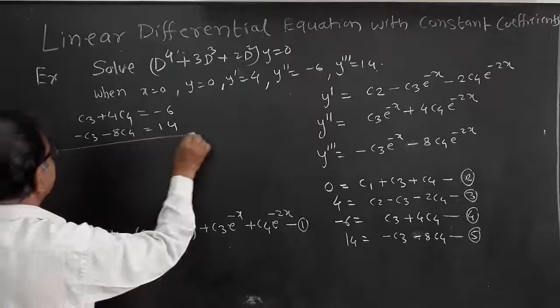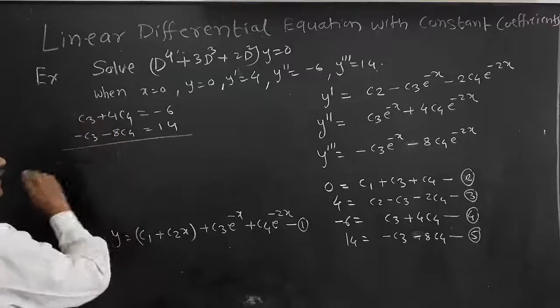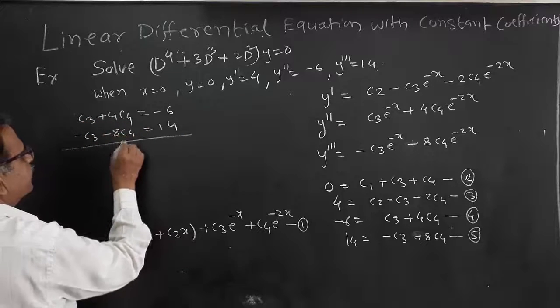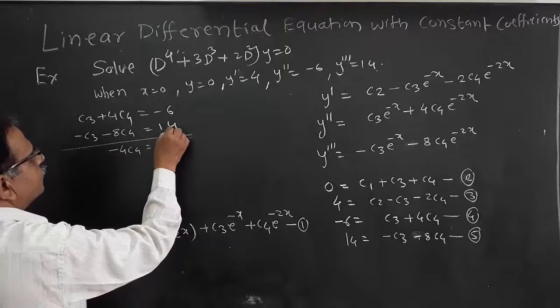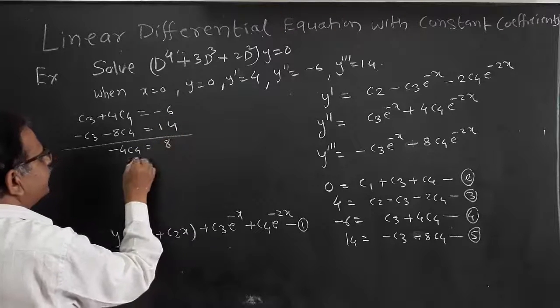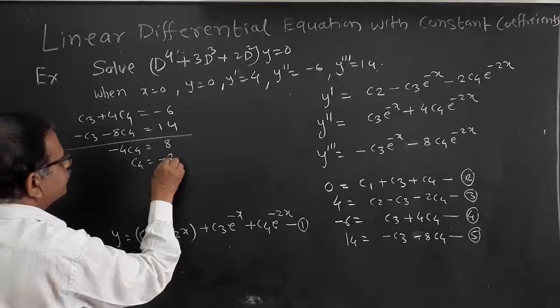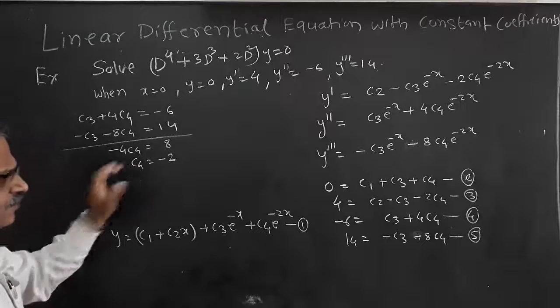If I add these two, c3 minus c3 get cancelled. 4c4 minus 8c4 is minus 4c4, equal to 14 minus 6 is 8. Therefore, c4 equal to minus 2.